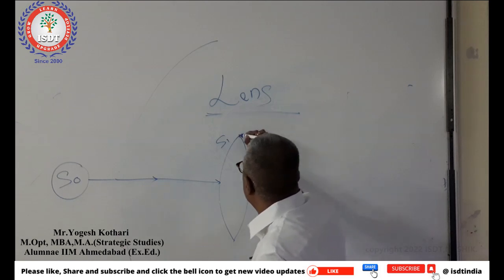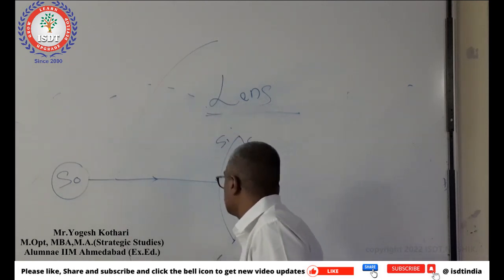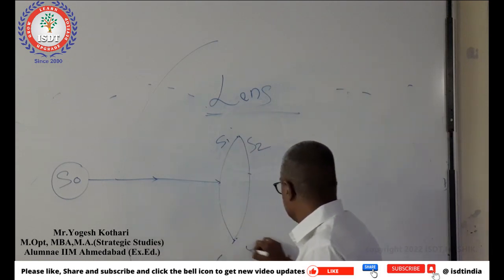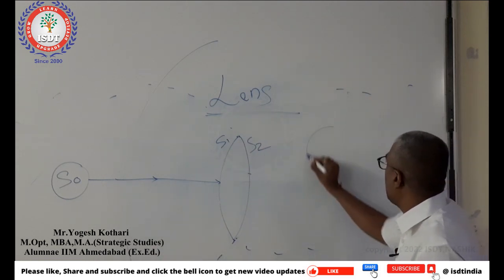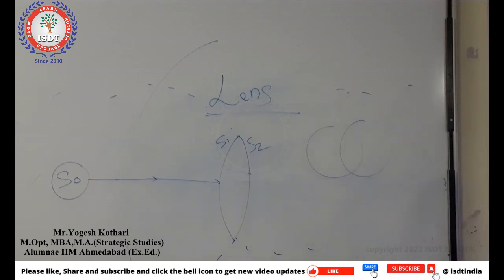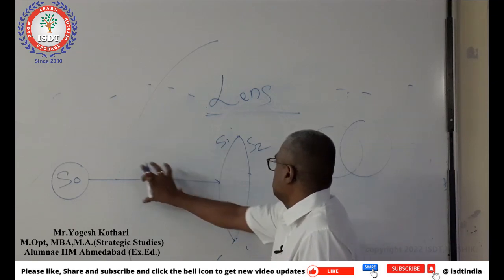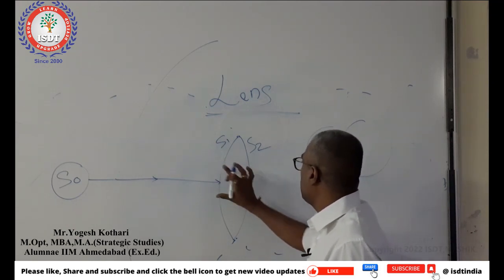That means if you just draw this back, it will create some kind of curvature this way. Or you can say in simple words, I have two circles which are intersecting, and this part is your lens, right?